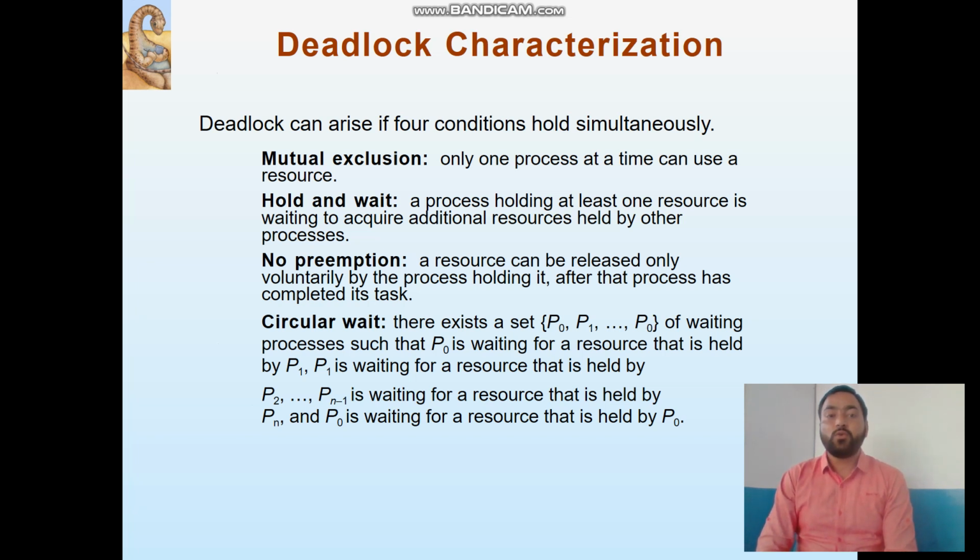The third one is no preemption. Preemption means to stop a process, to pause a process in between the execution before its completion. But in a no preemption condition, there is voluntary access of the resources in the system. That means a process having acquired a resource can release the resource only voluntarily, once it has completed its task.